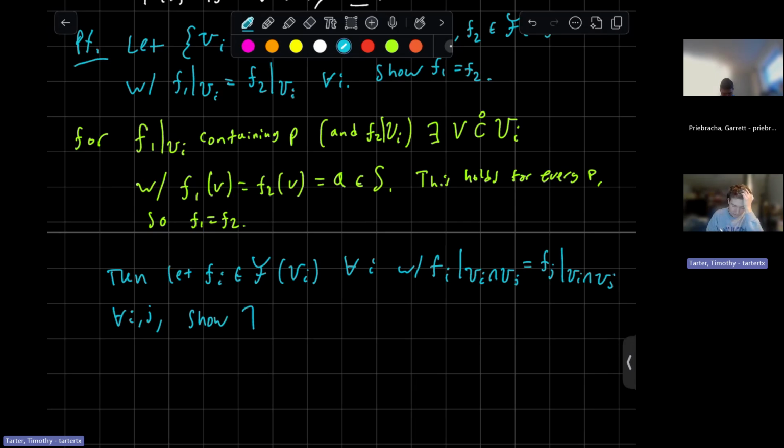Show that there exists F in the section on U such that the restriction map F to UI is equal to F sub I for all I.